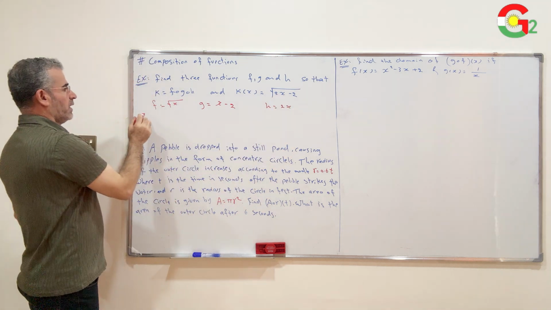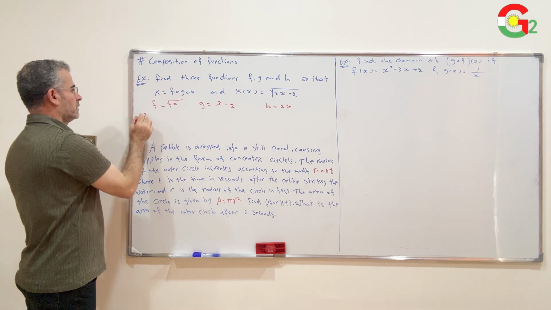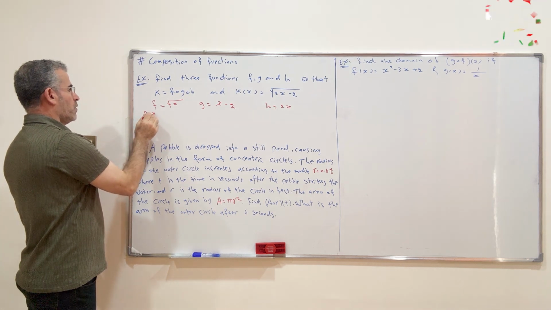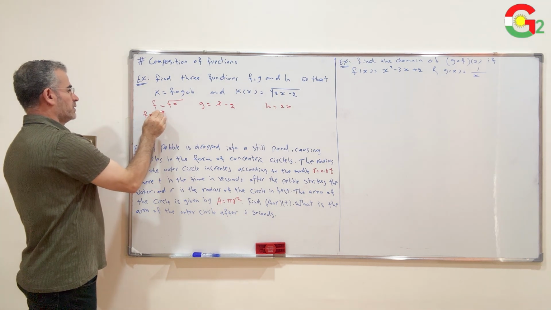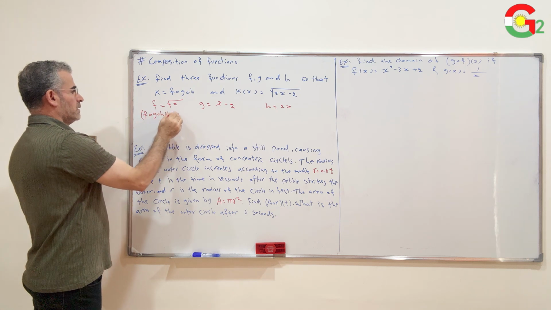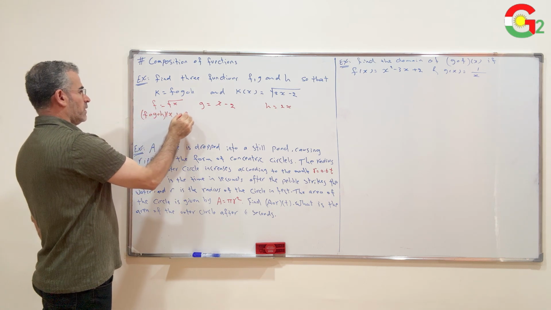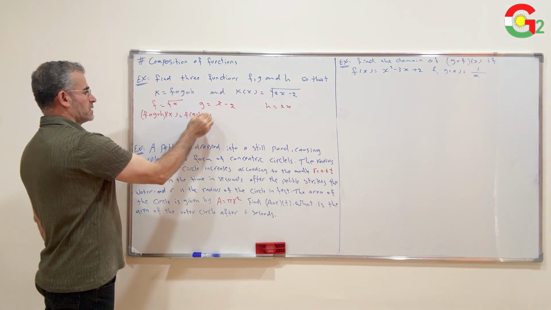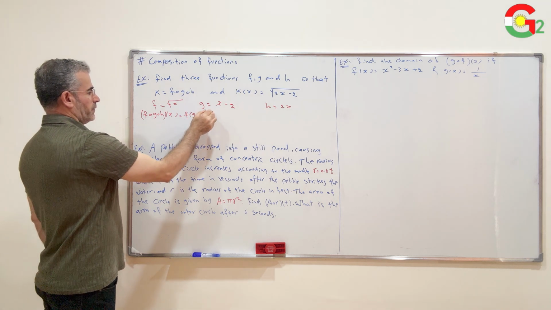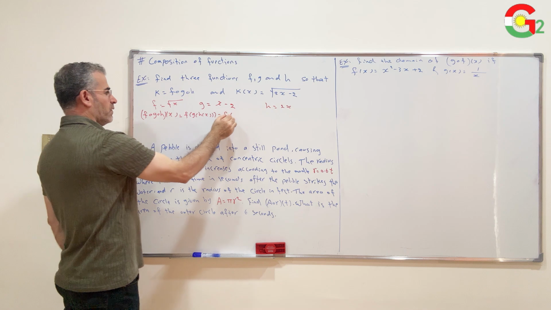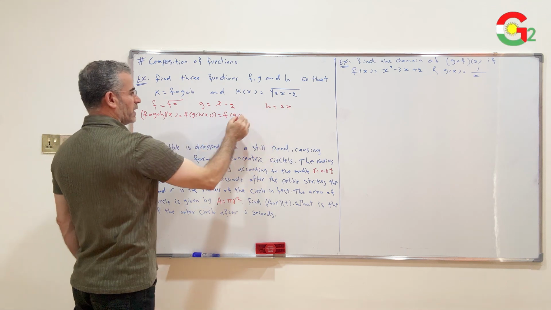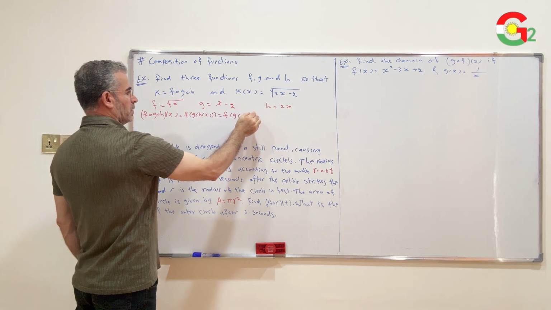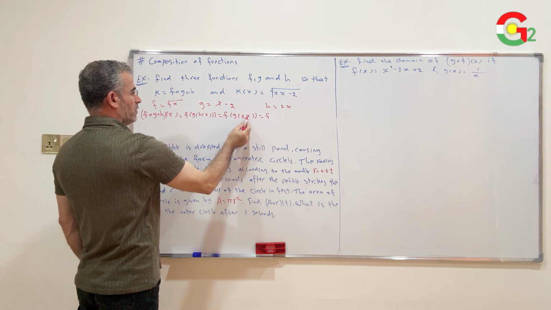Now, if I find f of g of h of x, it is equal to f of g of 2x.